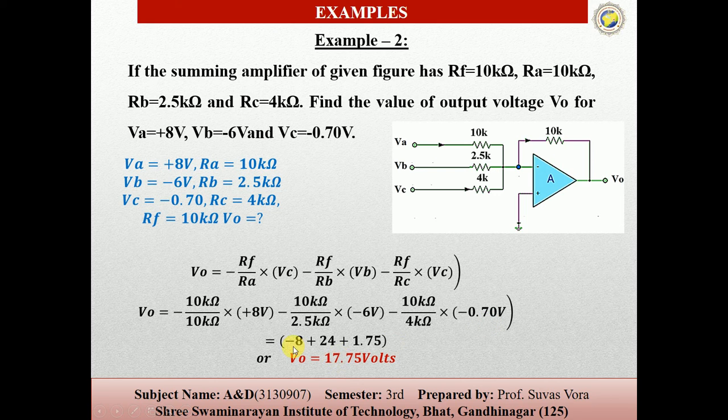So the final equation is minus 8 plus 24 plus 1.75. So the final output voltage V0 is equal to 17.75 volts.